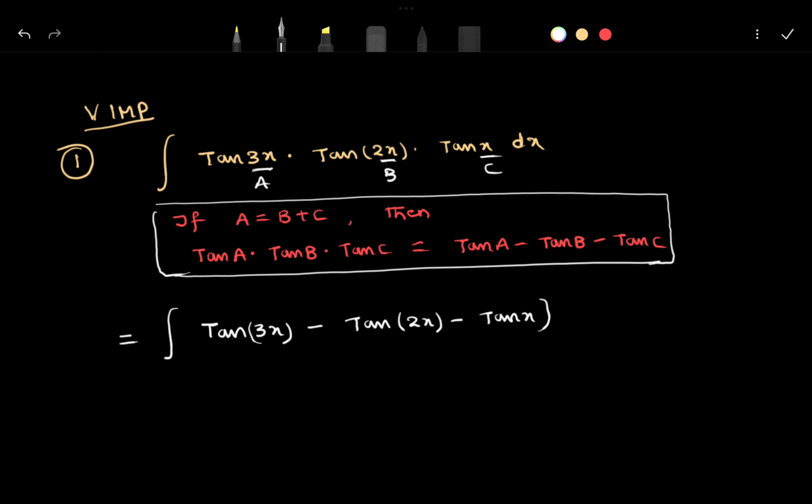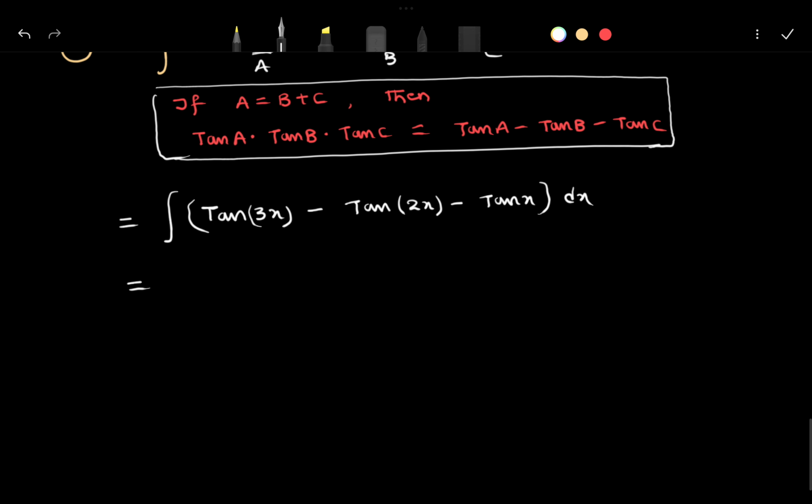Okay, now you split this: integration of tan 3x dx minus integration of tan 2x dx minus integration of tan x dx.